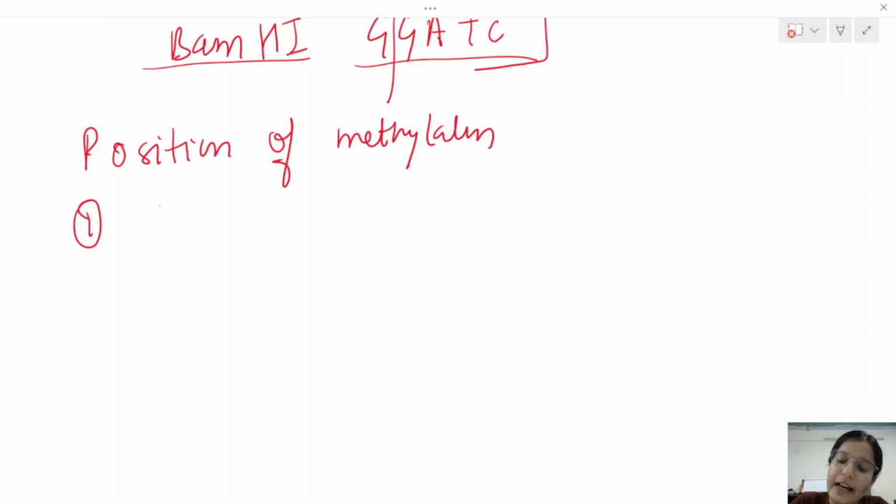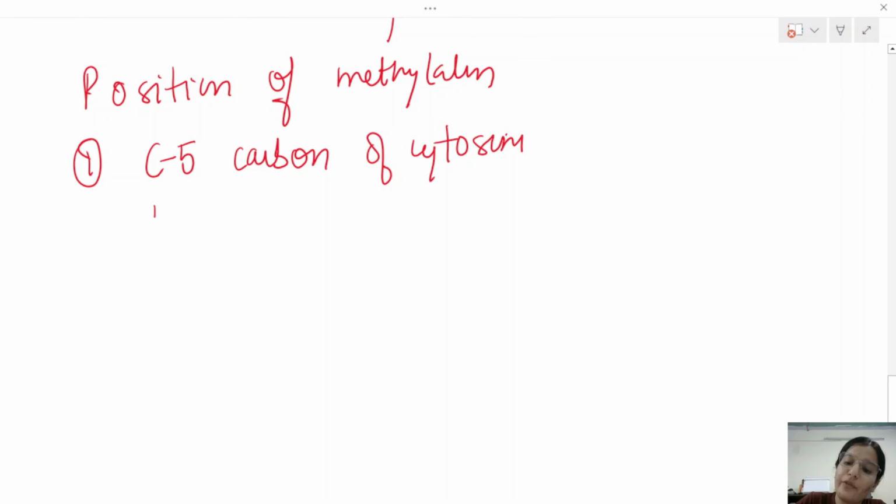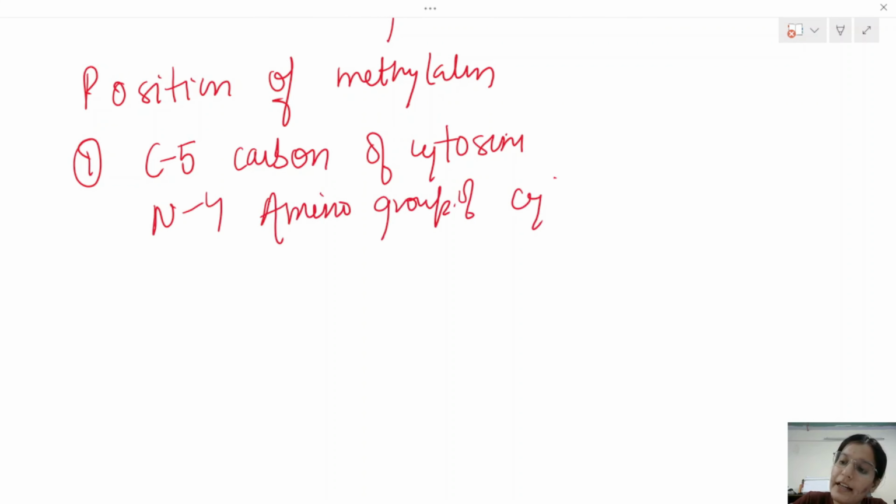First one is at the C5 carbon of cytosine, the N4 amino group of cytosine, and the N6 amino group of adenine.